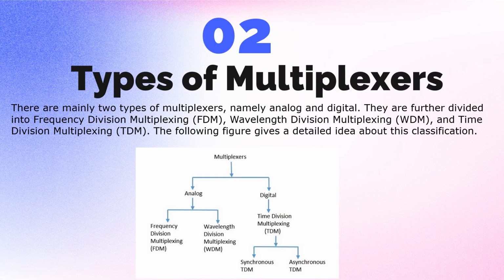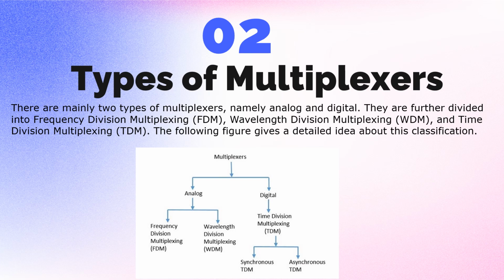So our next topic is types of multiplexers. There are mainly two types of multiplexers, analog and digital. They are further divided into frequency division multiplexing or FDM, wavelength division multiplexing or WDM, and time division multiplexing or TDM. So here in the table, multiplexers are divided into two parts, analog and digital.